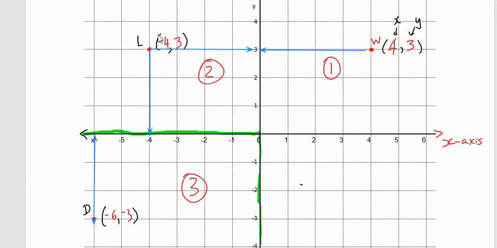Very good. Now, what do you think the sign of this quadrant will be? The signs for this quadrant in terms of the x and y coordinates. So we have this quadrant. Which side of the x axis will we be using, and which side of the y axis?